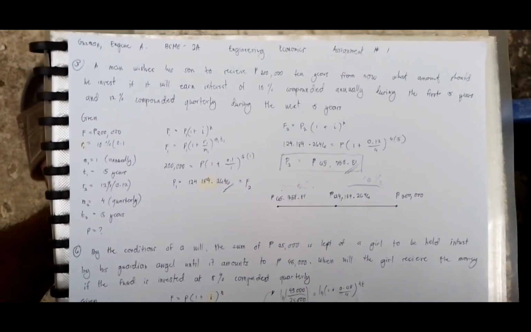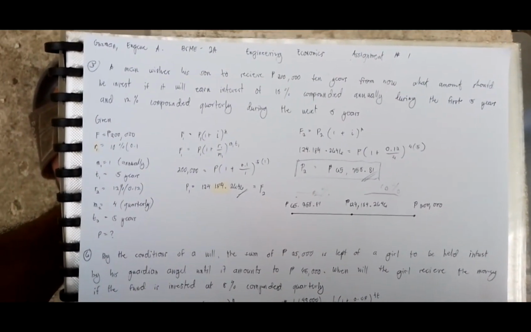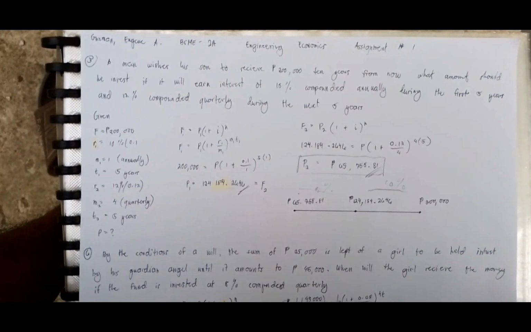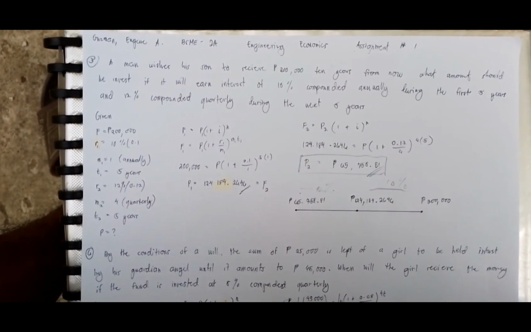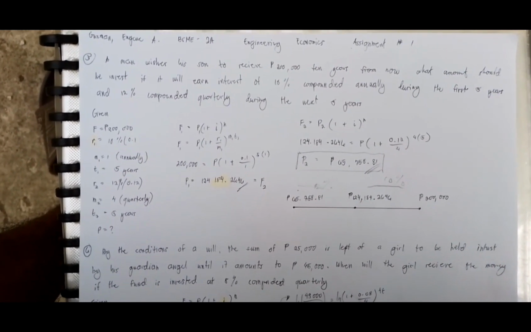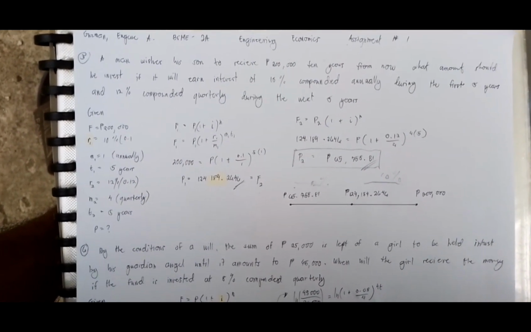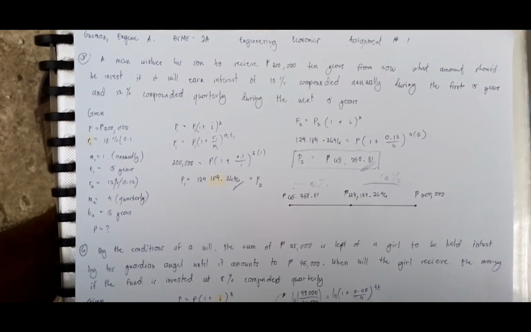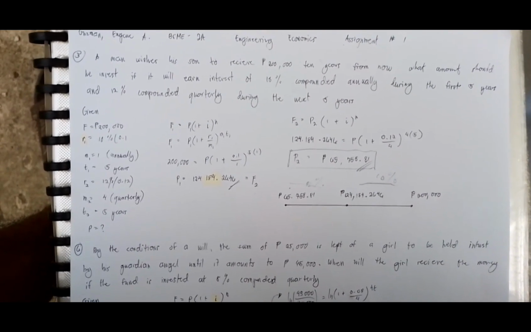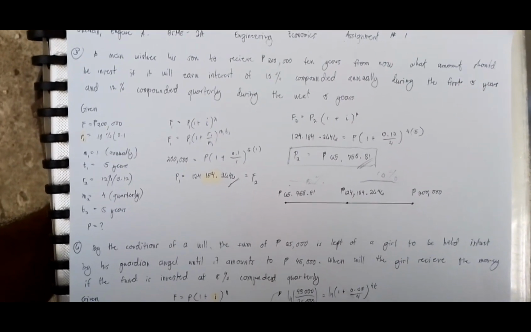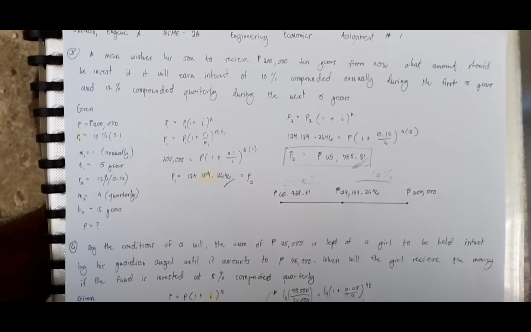So next, first identify the given. Our F, the final, is 200,000. Our rate or nominal rate is 10% or 0.1. Annually means 1, or yearly, that's the same thing. So T is equal to 5 years.